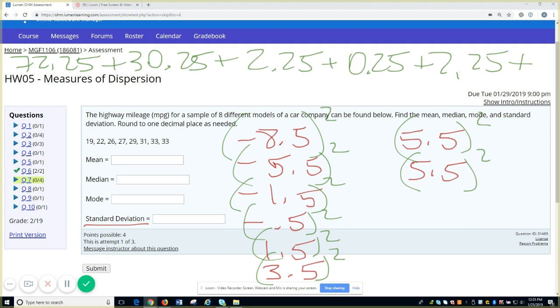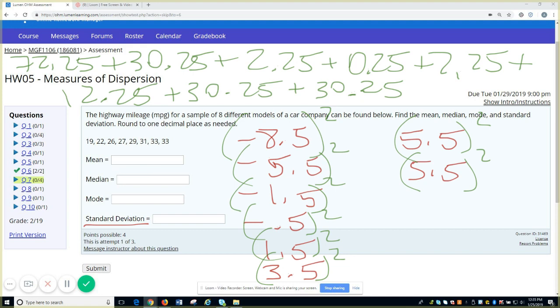Then 3.5 squared is 12.25. 5.5 squared is 30.25, and there are two of them. So I squared every single deviation that I have.